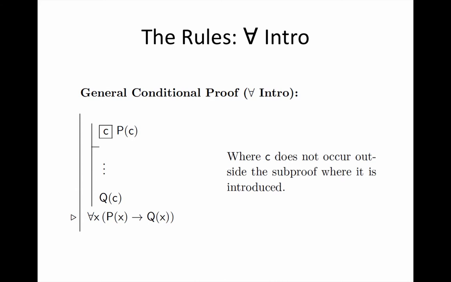So first, we have the rule. On the left is the form of the rule. Your far left line is either the main sequence, or it could be a subproof sequence. It doesn't matter.